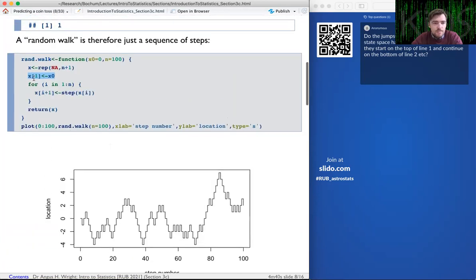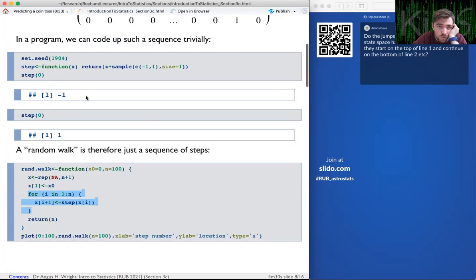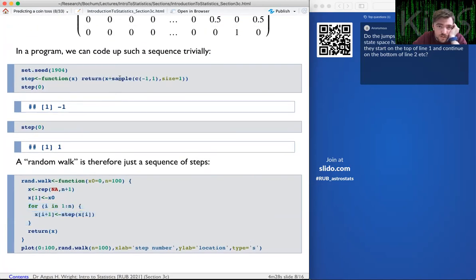I can actually simplify this code and remove this for loop, because the probability of stepping, as we saw here, is just sampling. Here I sampled one step, but there's no reason I can't sample n steps. They're equally probable. I just need to add replace equals true, because I want to be able to draw a 1 and then a 1 again, and then a 1 again, and then a -1.